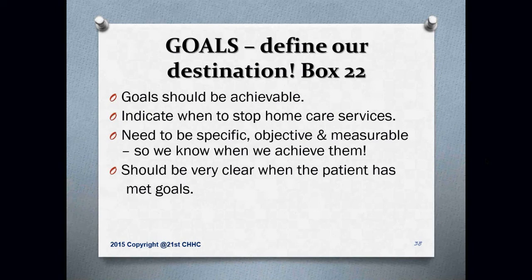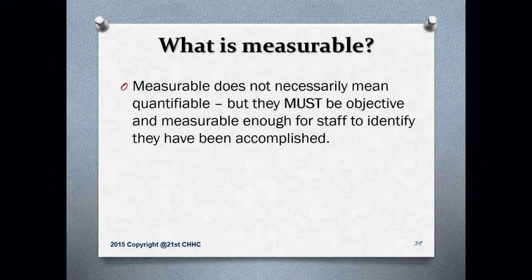The goals need to be specific, they need to be objective, and they need to be measurable. So that way you know when you've achieved them. And it should be very clear when the patient has or has not met those goals. What's measurable? Measurable doesn't necessarily mean quantifiable, but they must be objective and measurable.